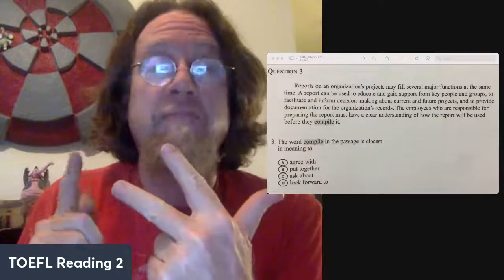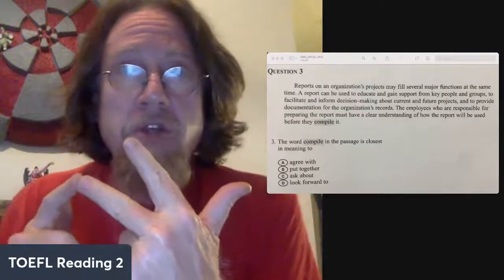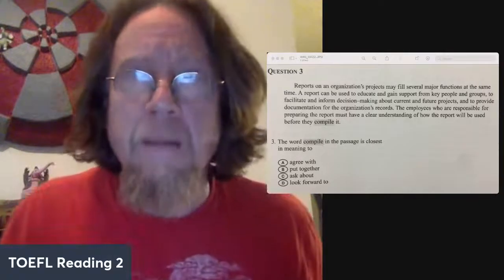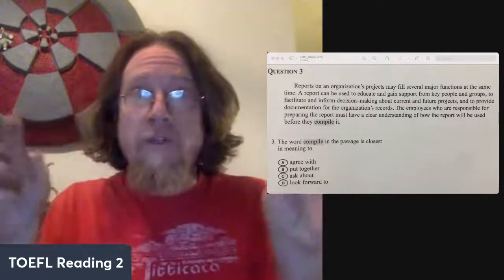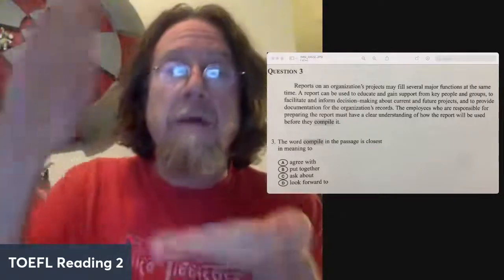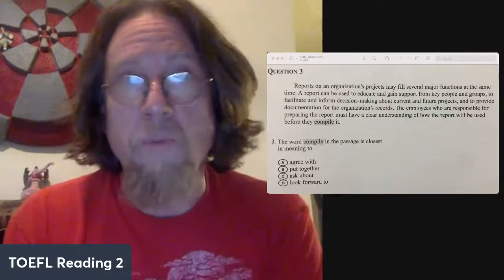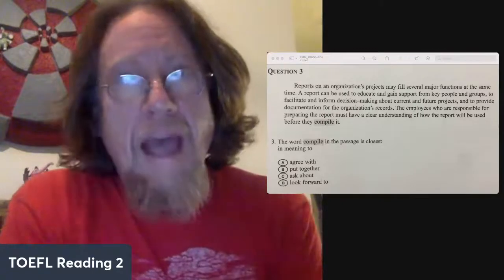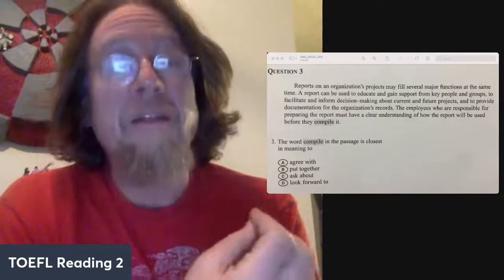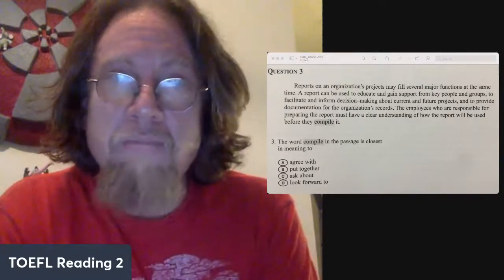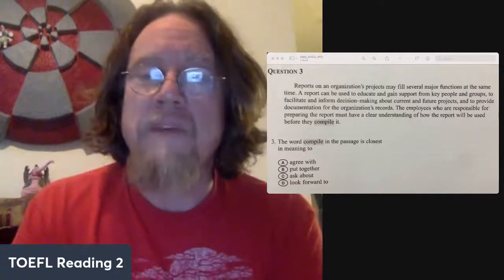A report could have pictures that show information about the company. Reports can have lots of different elements, and they need to take all of the elements and compile them into a report, a business report. So here we have a TOEFL question about business. Are you interested in business? Do you want to start your own business?